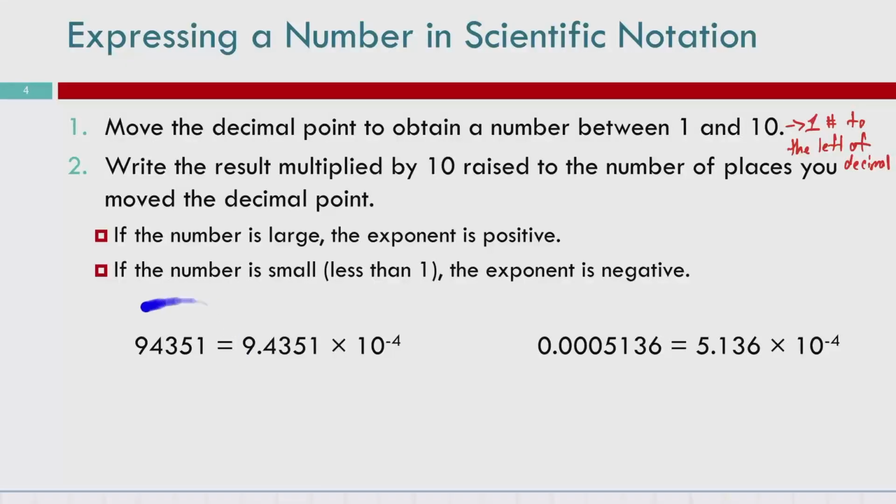So for our first example, this 94351, the decimal place would normally be after this 1. We're going to scooch it over however many places it takes to get just one number in front of it. So that would be putting it right behind the 9. So that turns into 9.4351.